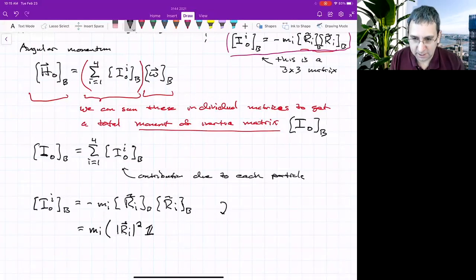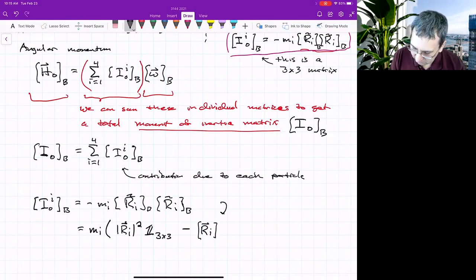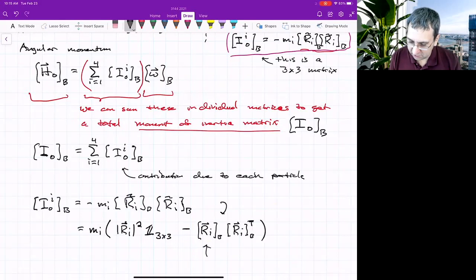So I'll write that as a capital 1, 3 by 3, minus ri, in the B frame, times ri in the B frame transpose. So it's a matrix transpose. If this is a column vector, this is going to be a row vector. So together their matrix multiplication is a 3 by 3 matrix.